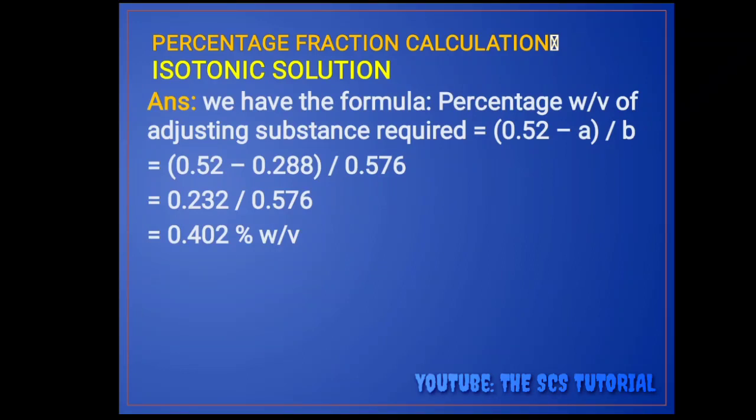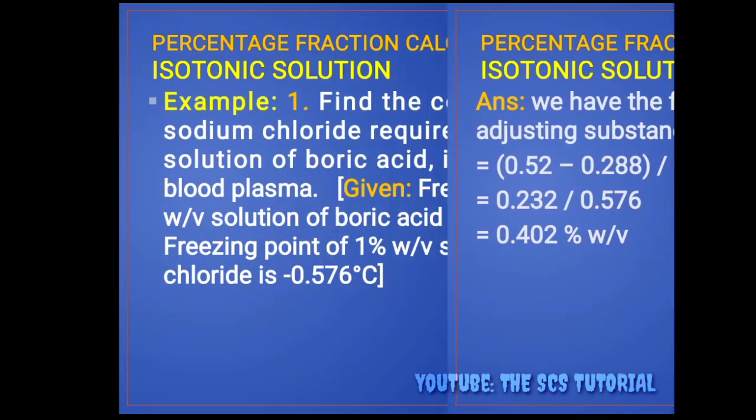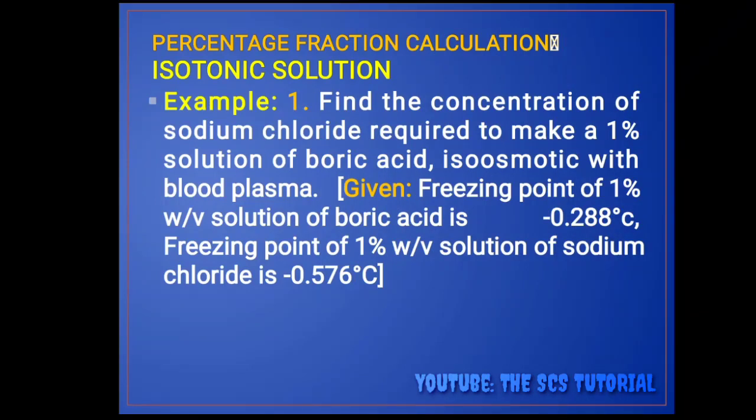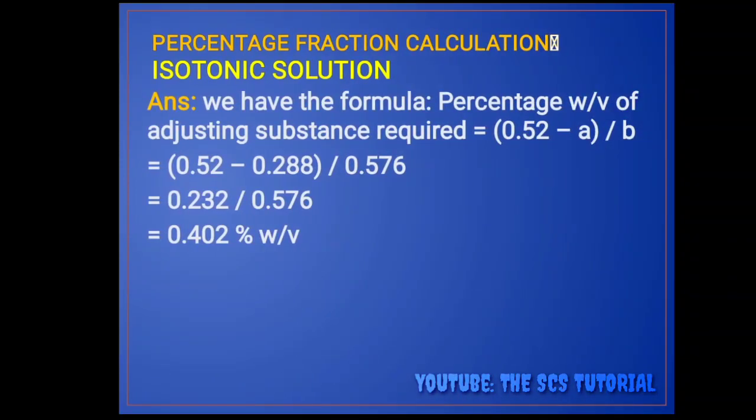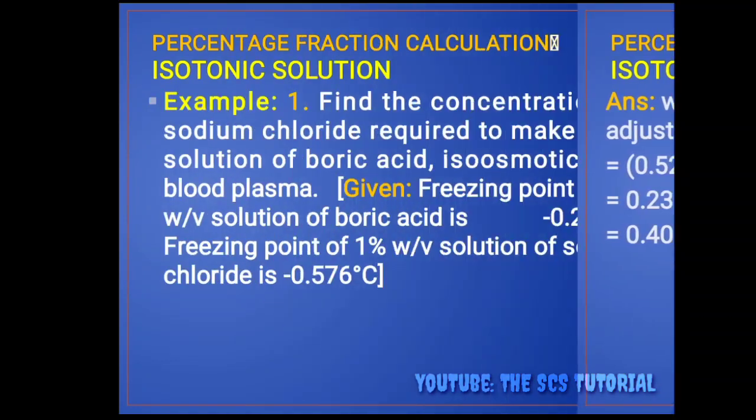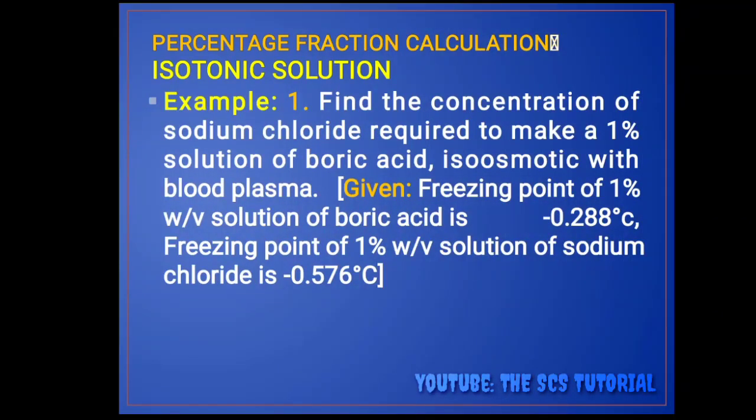Similarly, 0.402% sodium chloride is required to make the 1% solution of boric acid isosmotic with the blood plasma. So if we add 0.402% weight by volume of sodium chloride into the 1% boric acid solution, then it will be isosmotic with our blood plasma.